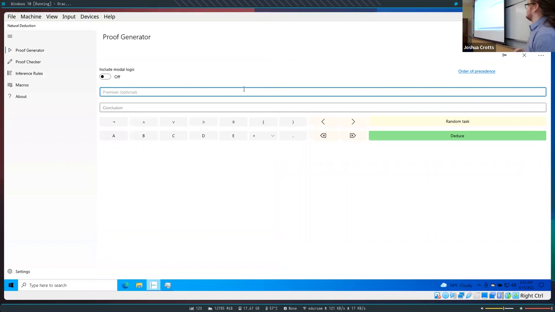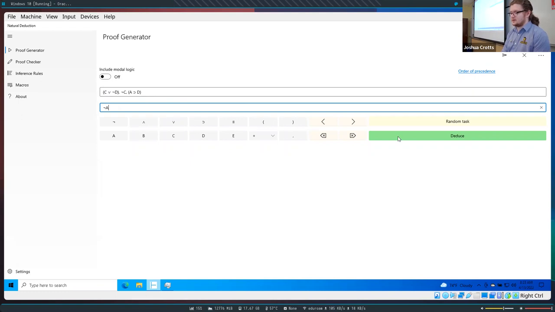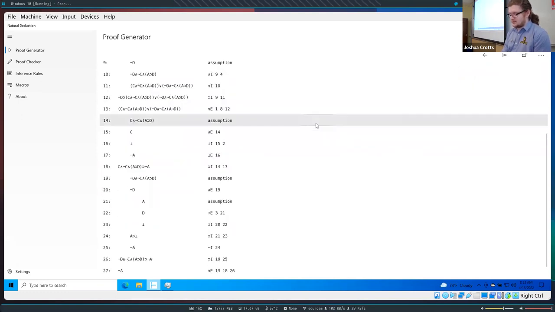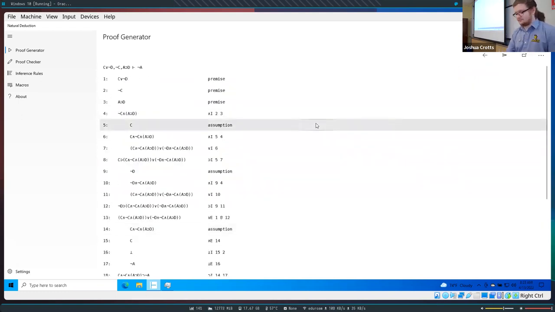So this is Natural Deduction. That's just what the name of it is. And with this system, we'll go over the results of what we found at the end of the discussion. Let's go ahead and do the same proof and see what we get. C or not D, C, not C, A then D, and therefore not A. And this one has 27 steps.